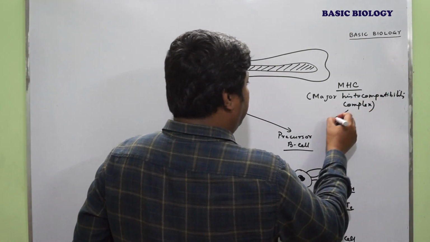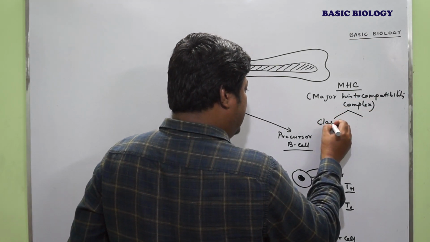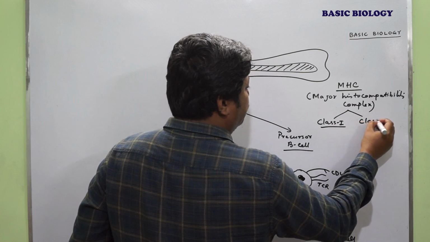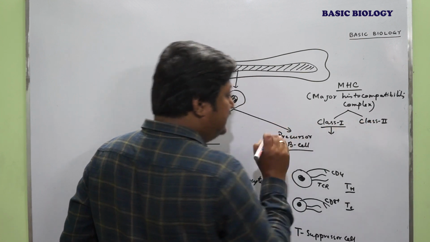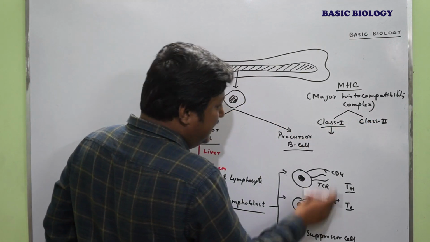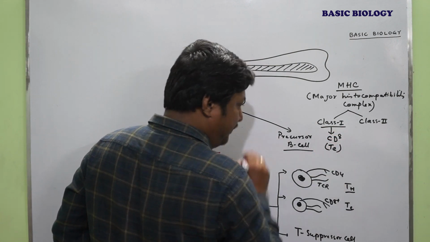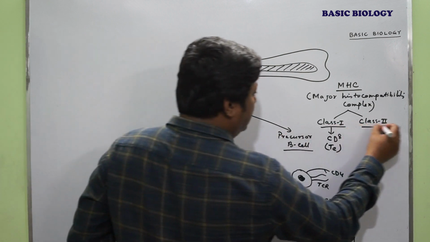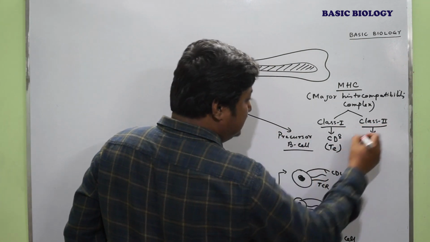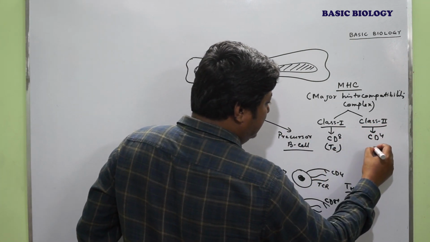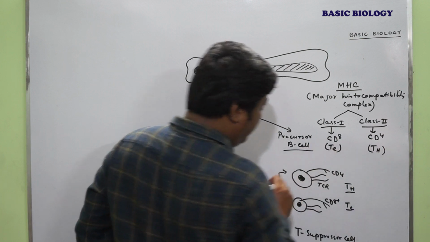There are two types of MHC. One is class 1 and another is class 2. Class 1 is recognized by CD8, that means it recognizes the TC cell. And class 2 is recognized by CD4, that is, it recognizes the T helper cell.